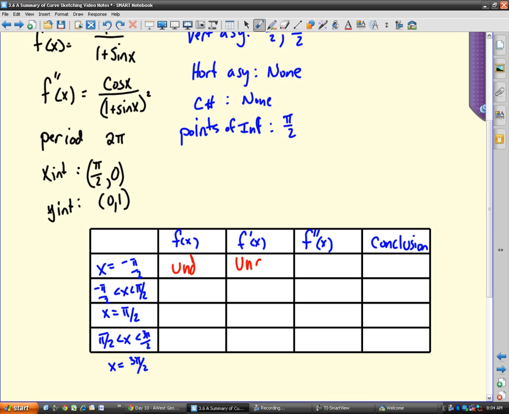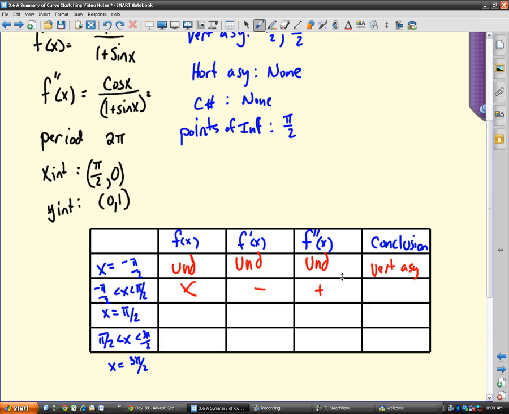And then from negative pi over 2 to pi over 2, if we pick a value, you could pick pi or something like that, and plugging in that value, remember we don't do anything at f of x, we get a negative here and a positive there, which means we are decreasing and concave up.